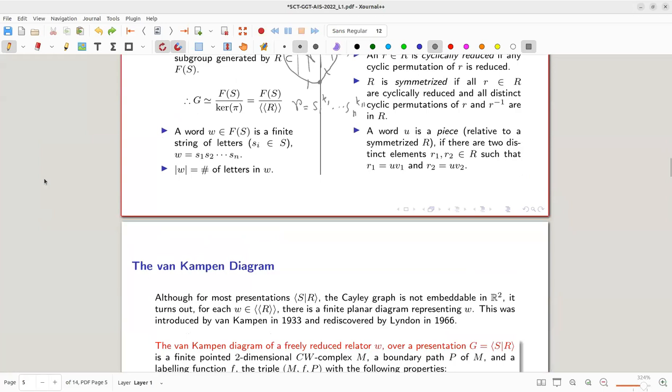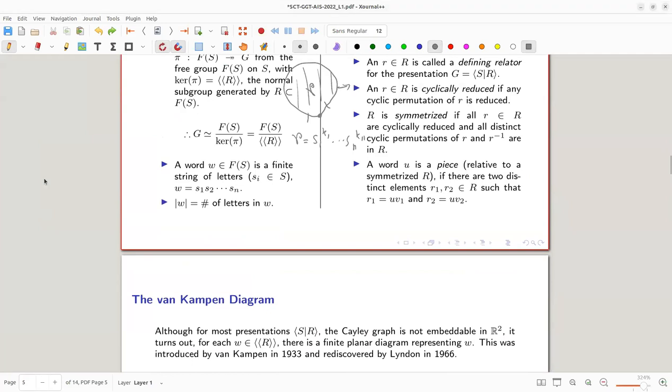One question: can you give an example of R which is symmetrized? Yes. Take a presentation of a group, a relator, and then take all its distinct cyclic permutations.